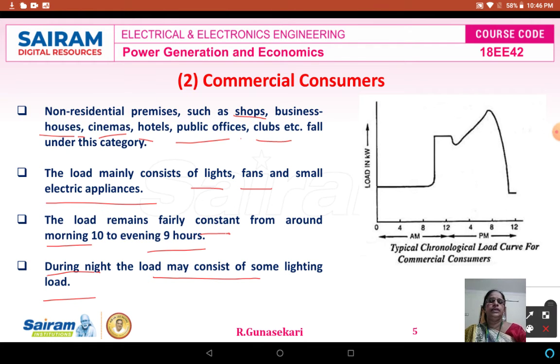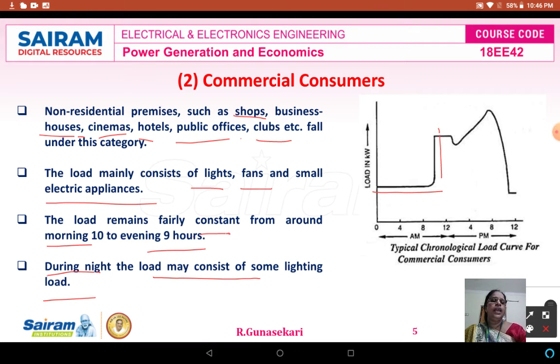Now you see the typical chronological load curve for the commercial consumers. X-axis is time, that is 0 to 12 pm, and Y-axis is load. Now you see, up to 12 am the load is constant. Again after 12 am the load increases.